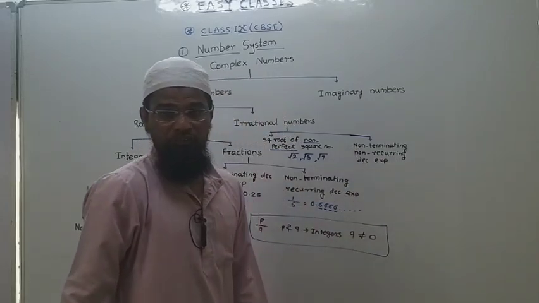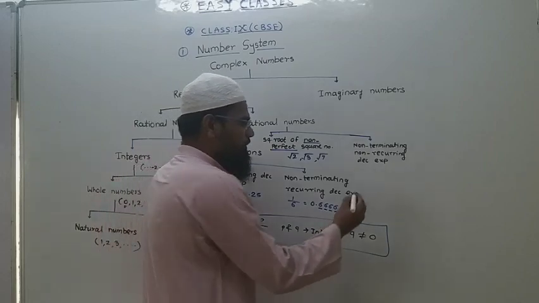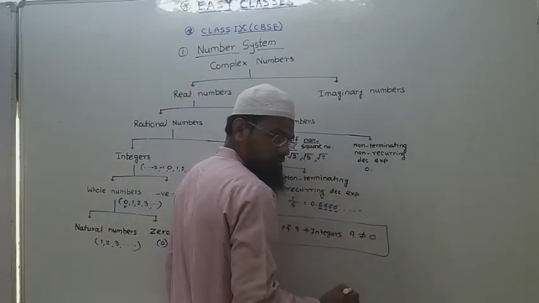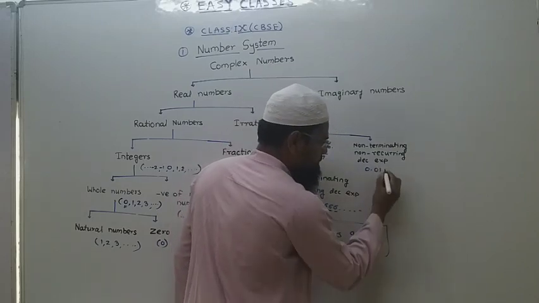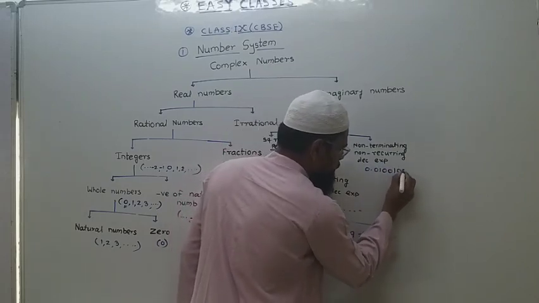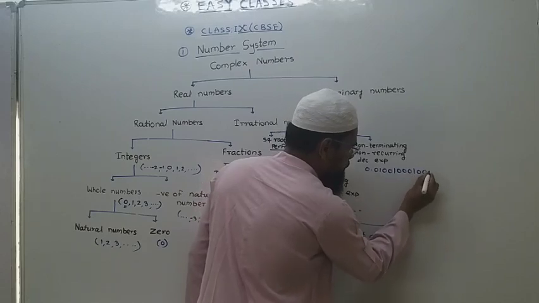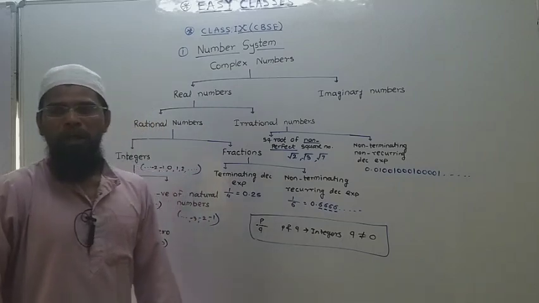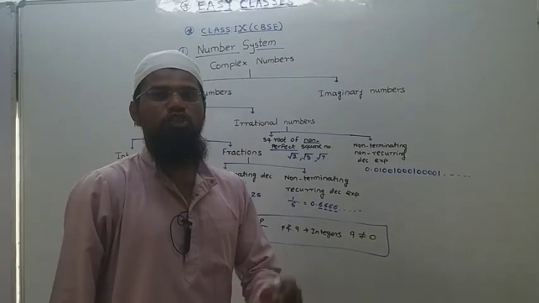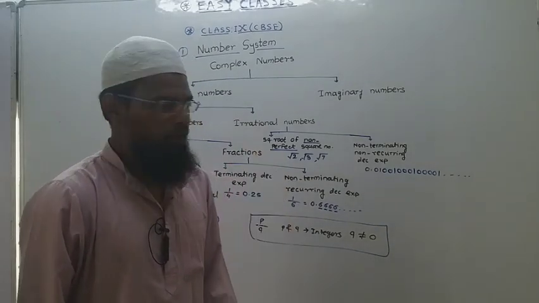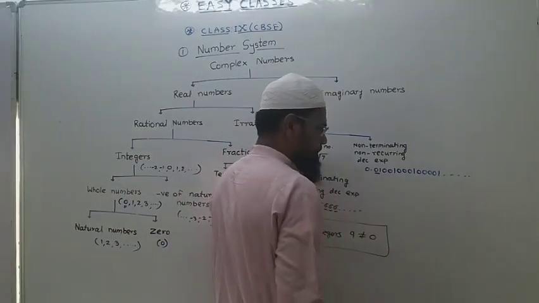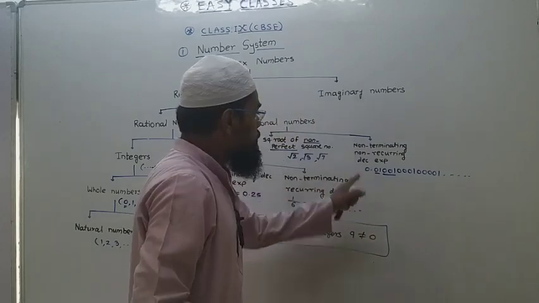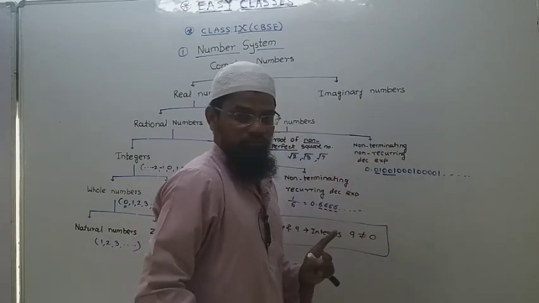For example, if we take 0.01001 0001 0001 00001 and so on, a particular group is not repeating. Here 01 is followed by 001, then 0001. So it is not a perfect repetition: non-terminating, non-recurring.